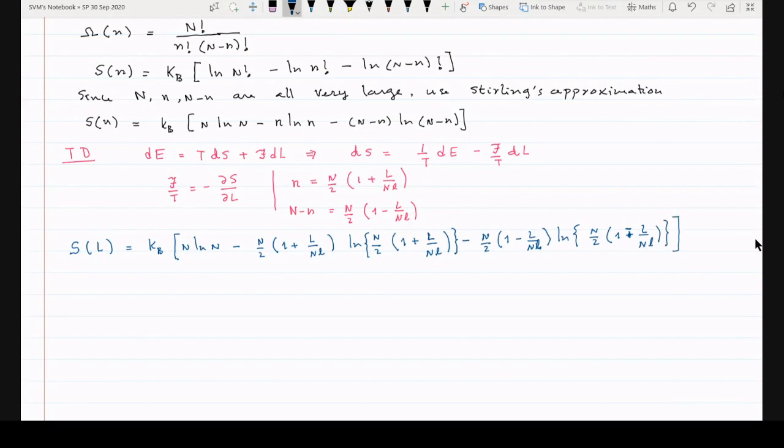Okay, so you can see that there is an N sitting here, N sitting here, N sitting here.